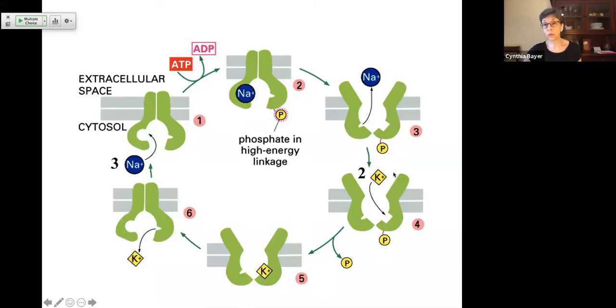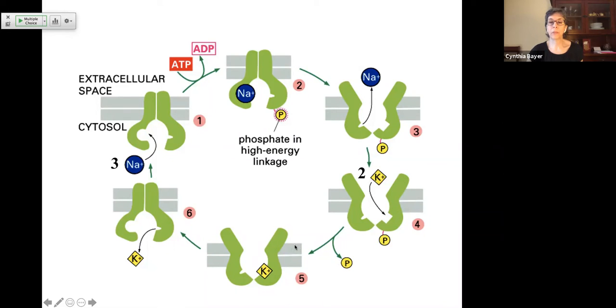Therefore, and there's 2 of those sites, we only see one here, those 2 potassium ion binding sites will allow binding of 2 potassium ions. The binding of those ions causes a change to the shape of this protein, which will release the phosphate.